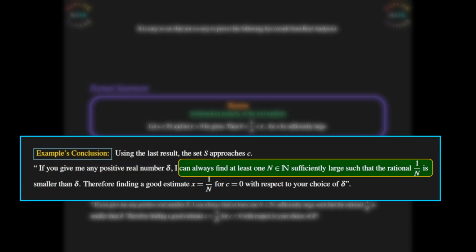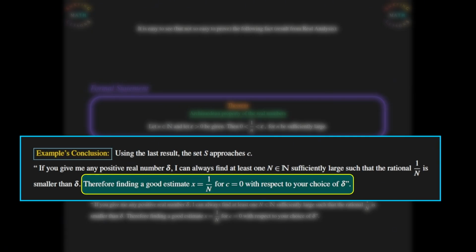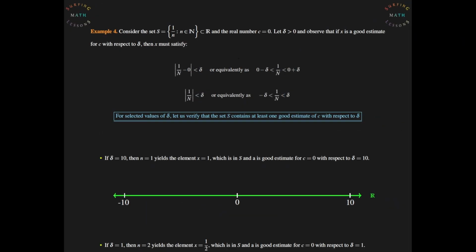By the Archimedean property, there exists a natural number n such that 1 over n is strictly smaller than delta. But then the element 1 over n is in the set S by definition, and thus the set S contains a good estimate of 0 for every possible delta value. That is to say, the set S approaches, or approximates, the number 0.